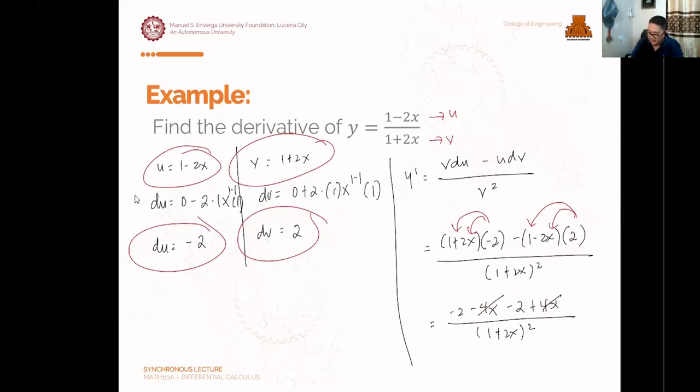So, yung final answer natin will be equals to negative 4 all over 1 plus 2x squared. Okay? So, this is our answer for the given problem. Alright? Okay po, sir. Okay, next.